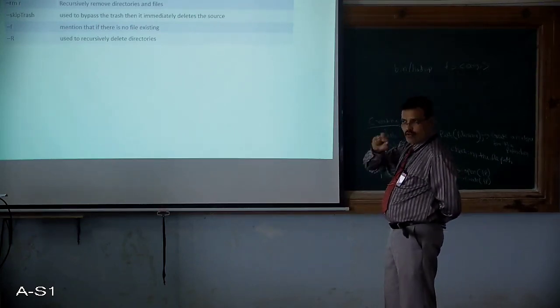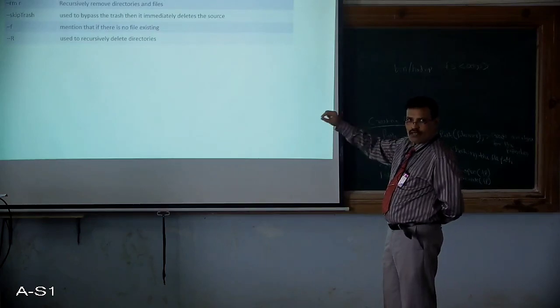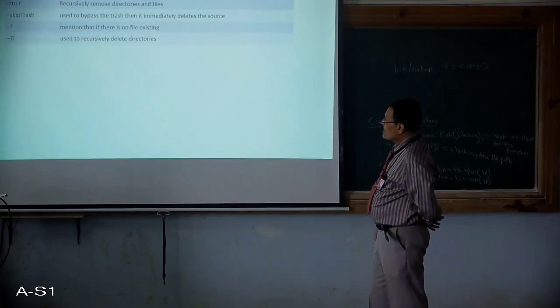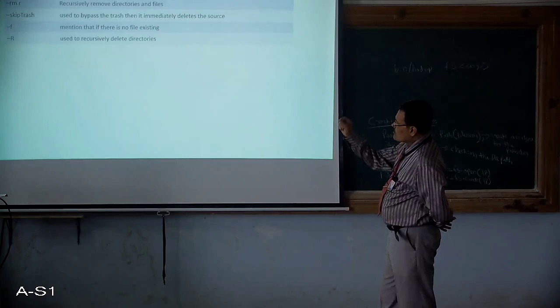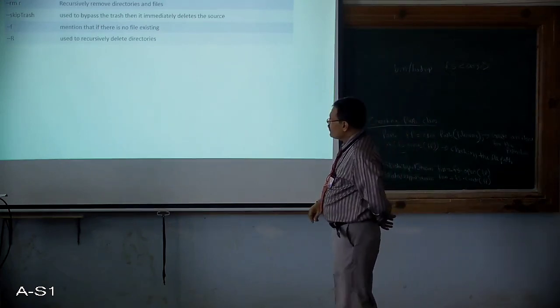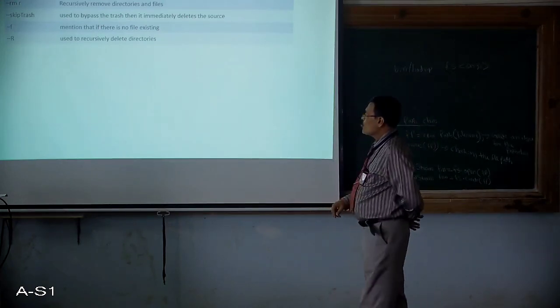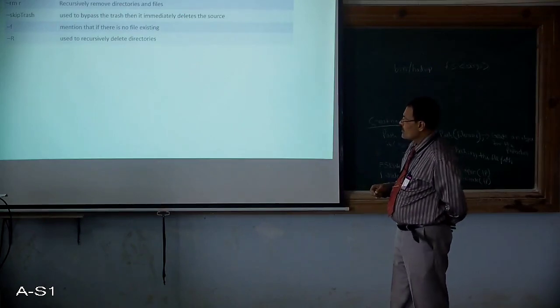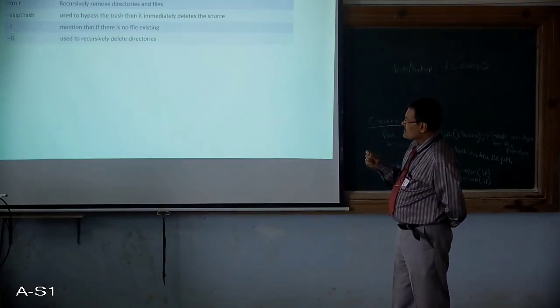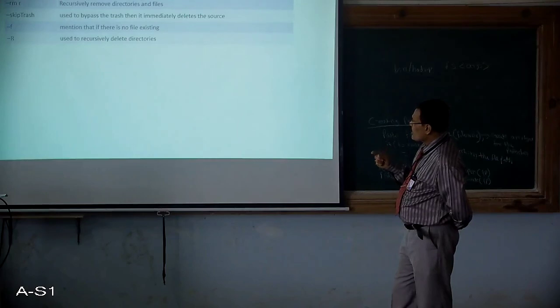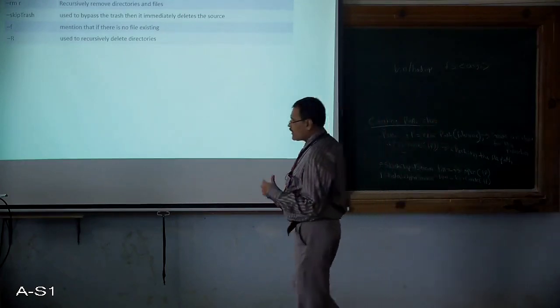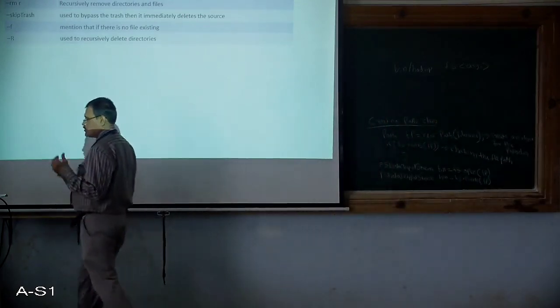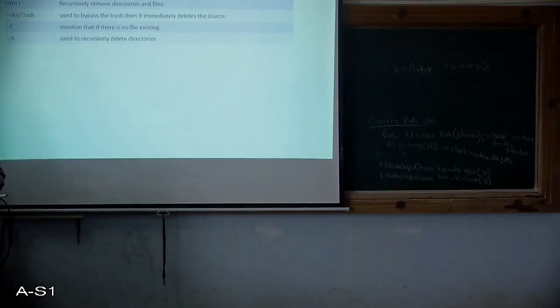Then the switch -f, which ignores the error if the file does not exist. And the switch -r, which is used to recursively delete the directories mentioned. So these are certain commands which you can refer to.